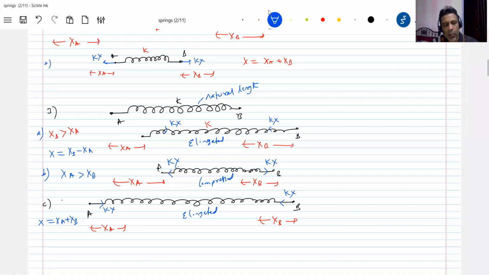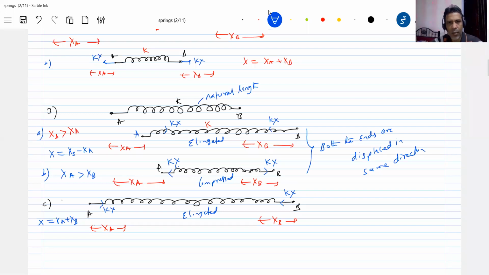I think this is when both ends have displacement in the same direction. For these two cases, what happened? Both ends are displaced in the same direction. Here, what happened? Both are displaced in opposite directions.